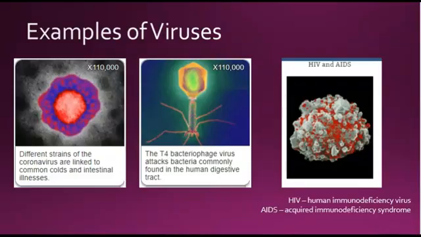And I've got here some examples of viruses. This is just 3 examples. There are more viruses than we can count, but here's 3 examples. On the left, different strains of coronavirus are linked to common colds, intestinal illnesses, and of course COVID-19. In the middle, the T4 bacteriophage virus attacks bacteria commonly found in the human digestive tract.